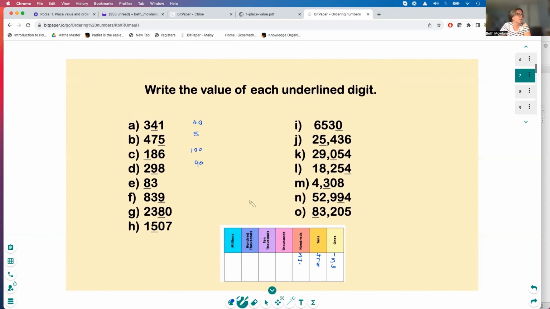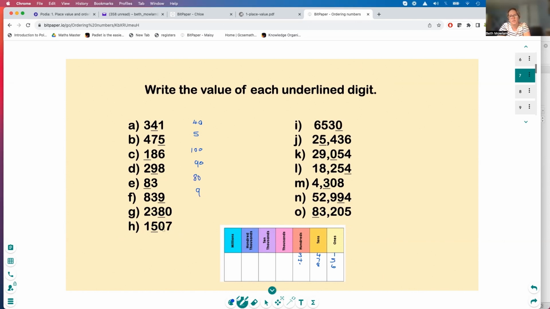Remember, if you want to fill them in the table, you can. It's 80. If you just draw yourself a table, if you're using the table, that's the easiest way. You've just got to remember the order they go in. 839, the 9 is in the units, so it'll be 9. 2,380.